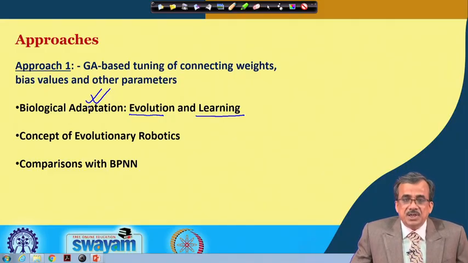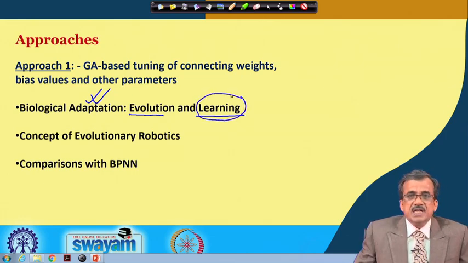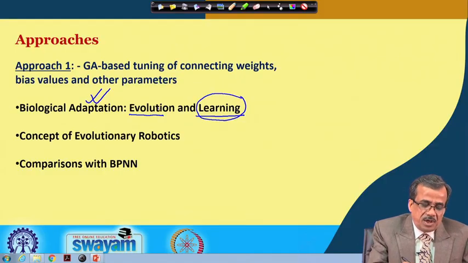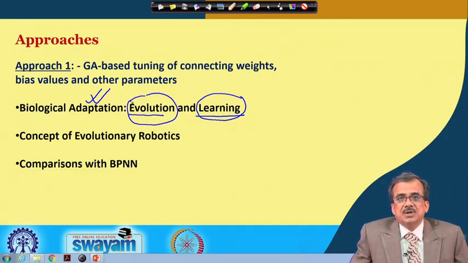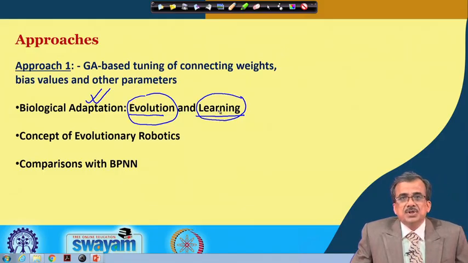If you concentrate on learning, learning takes place during one's lifetime. On the other hand, evolution takes place through a large number of generations or a large number of iterations. So, these 2 parameters are working on 2 different time scales.